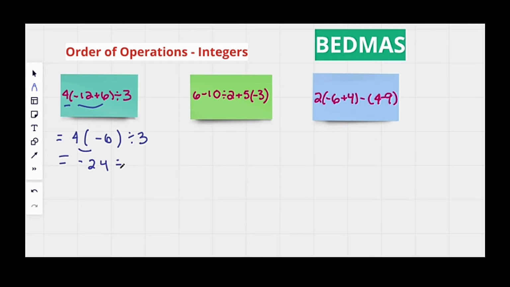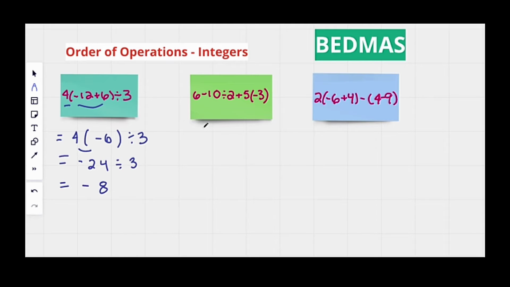And we bring down our divided by 3. Don't try to do this all in one line so that you don't get confused or end up missing a sign somewhere. And now we can do our division, which is negative 24 divided by positive 3, which is negative 8. Okay, perfect. Okay, let's move on to the next one.